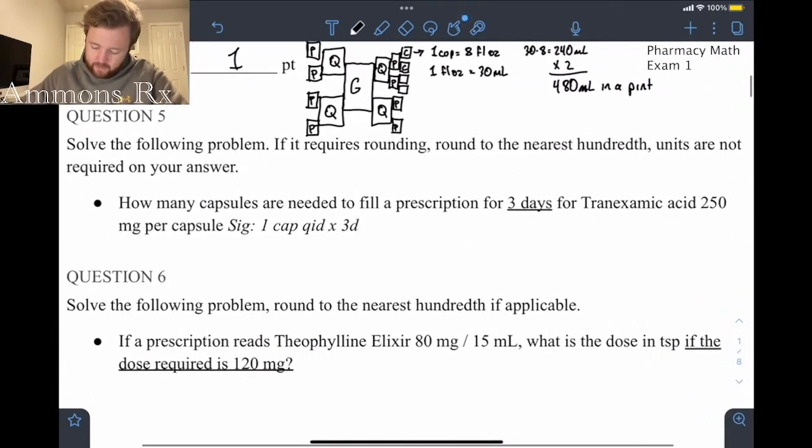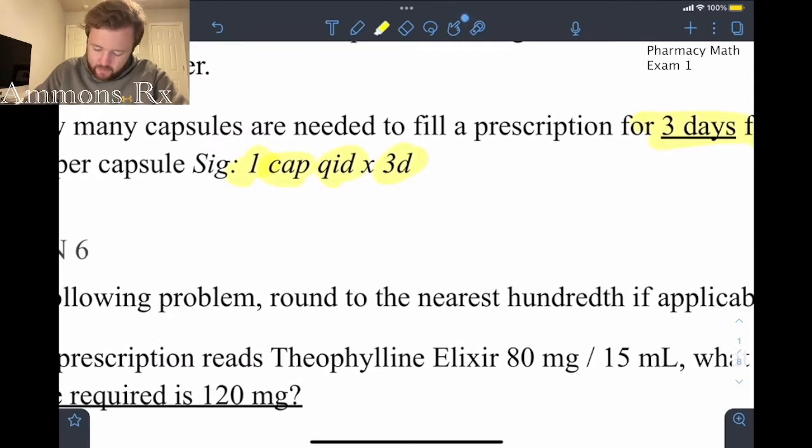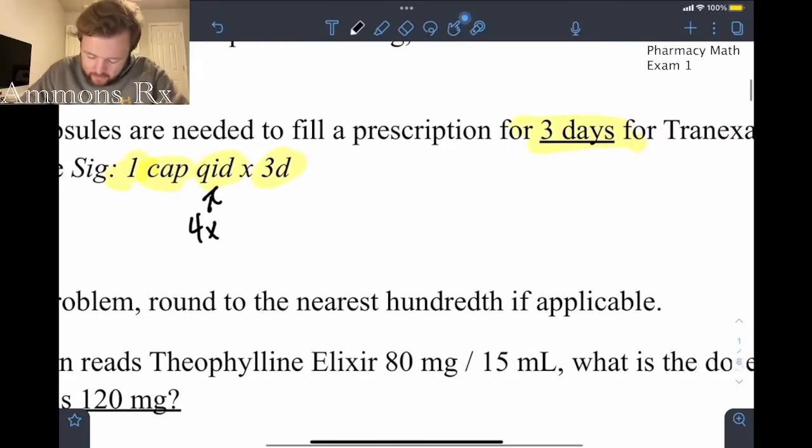Same thing, day supply thing. So we need to look at how many days we're going to be taking it for. Taking it for 3. 1 capsule QID for 3 days. Do not forget that this is 4 times. So we have 3 days.